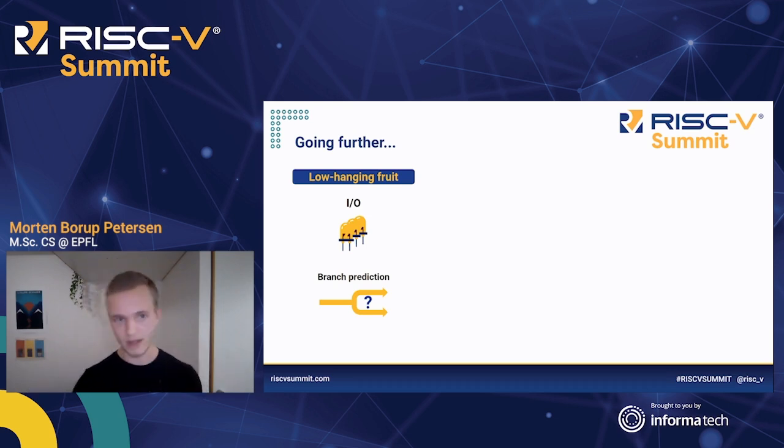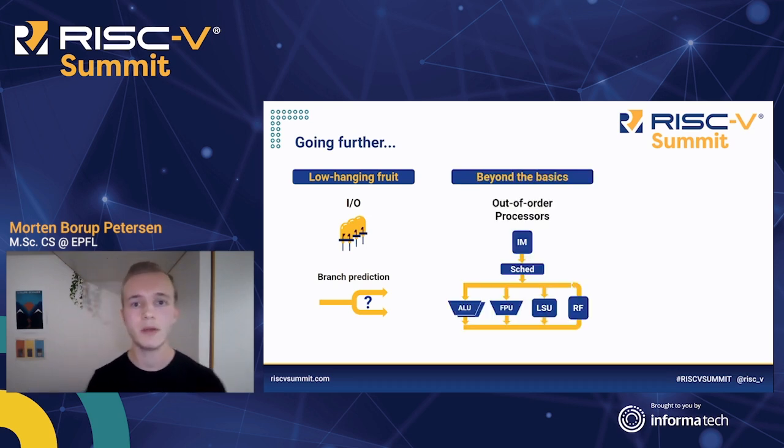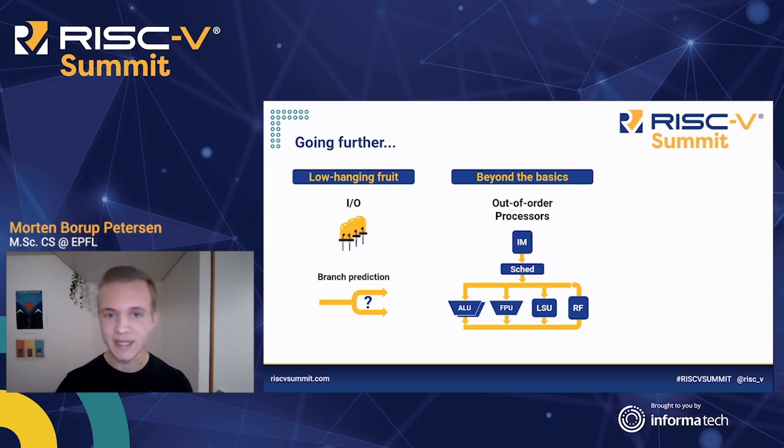Now, these are fairly simple concepts, but what about if we take the philosophy and the ideas of RIPES and actually go a little bit beyond these basic things? So we could take a look at out-of-order processors. Now, this is not an easy thing because we don't have the convenience of the entirety of academia basically agreeing on in-order 5-stage pipelines being the thing that we teach during an undergraduate course.